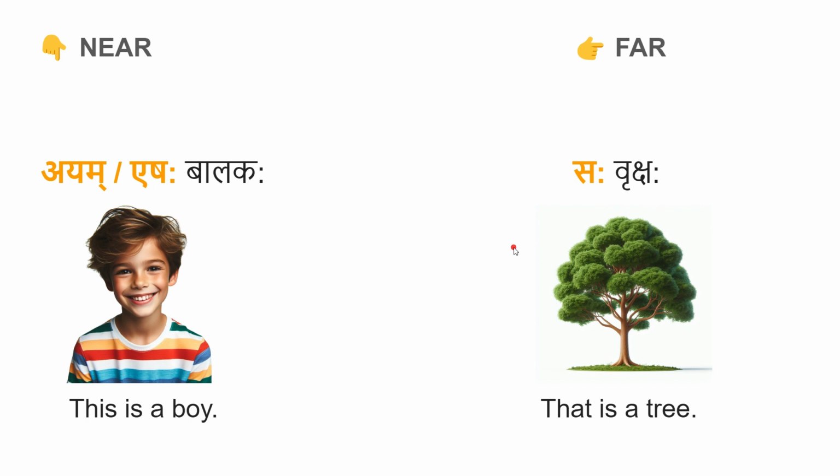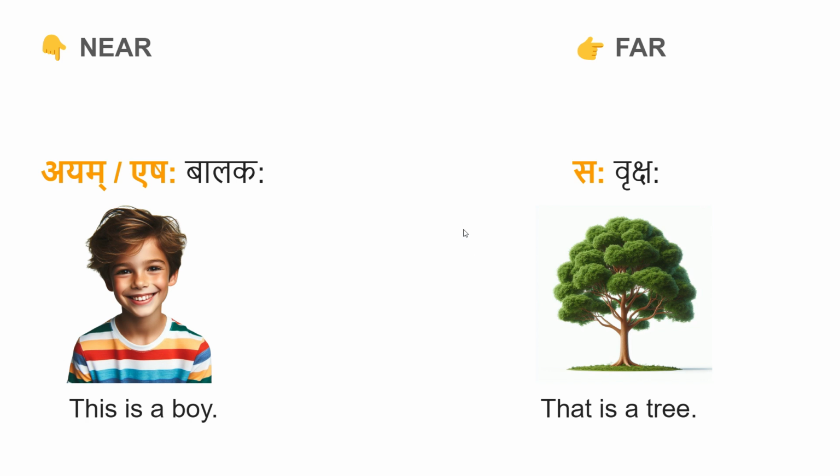And one more thing you should notice here is that balakaha is masculine, of course, male gender, but what about vrikshaha? The thing that I need to point out here is that in the Sanskrit language, the actual gender doesn't count. It doesn't matter what is the actual gender of the particular thing or the person.